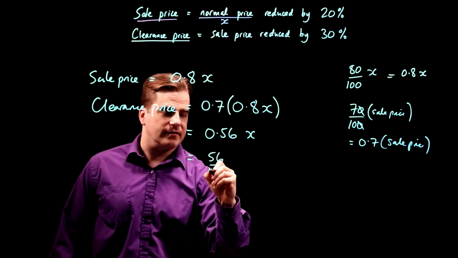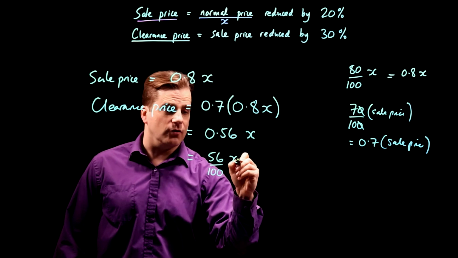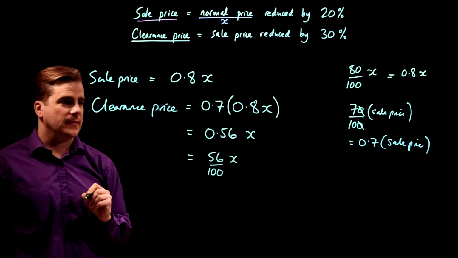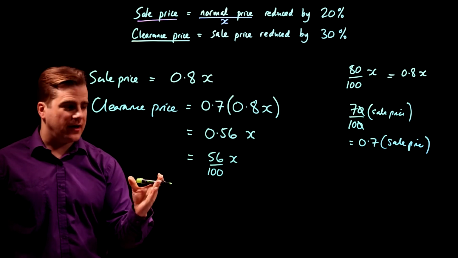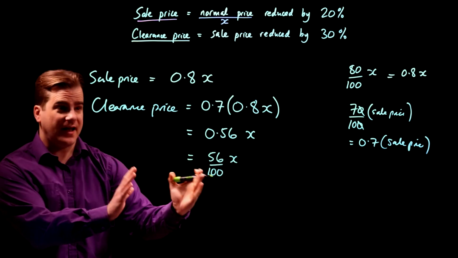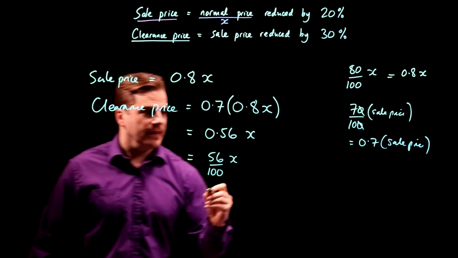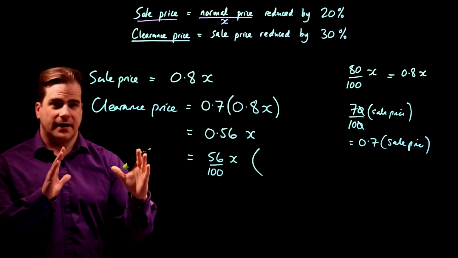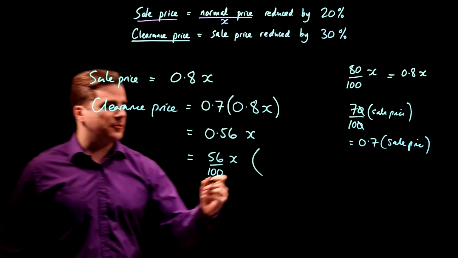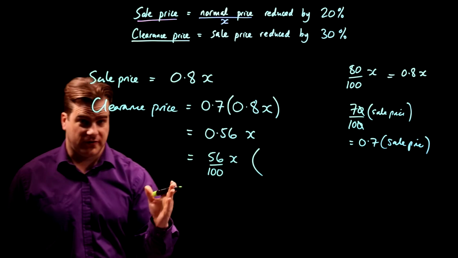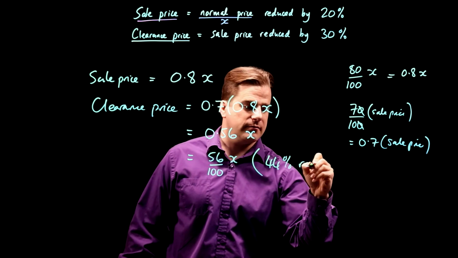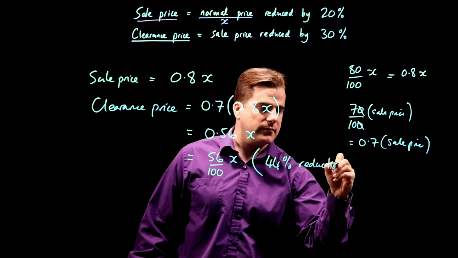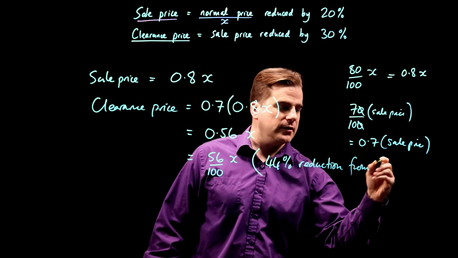It's 56% of the normal price. Which means, if we've kept 56%, that's the same as reducing the normal price by 44%. So that's a 44% reduction from the normal price.